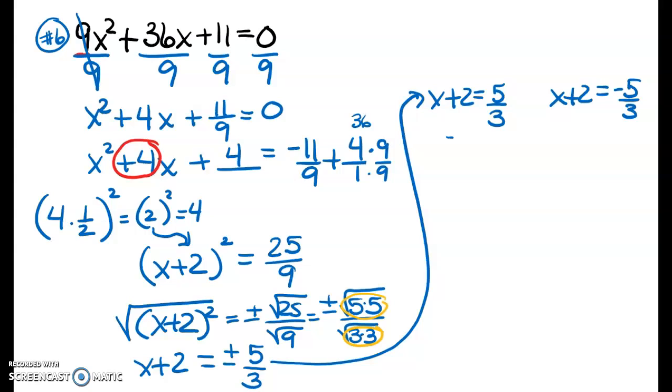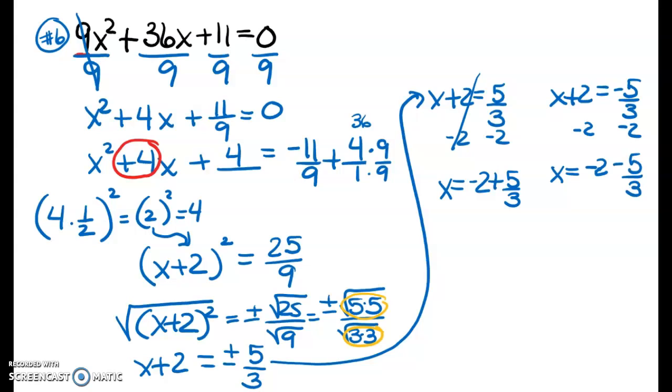To solve, I'm going to subtract 2 from both sides. And my 2's will cancel out, and I get negative 2 plus 5/3, and I get negative 2 minus 5/3.